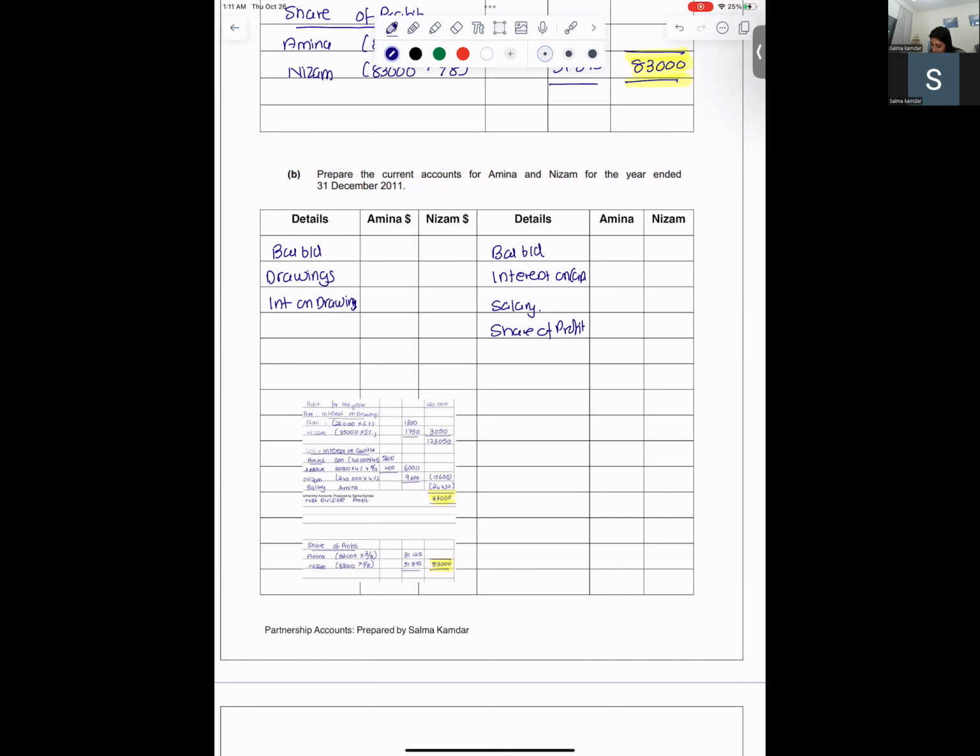Interest on drawings is 1,300 and 1,750. Drawings we would get from the sum. Interest on capital is 6,000 and 9,600. Salary for Amina is 24,450 and share of profit is 31,125 and 51,875.